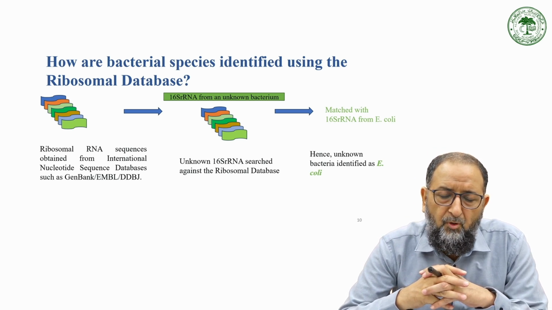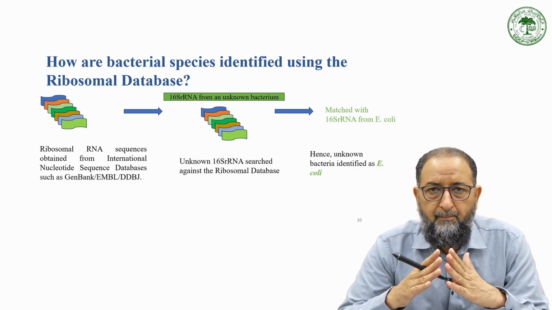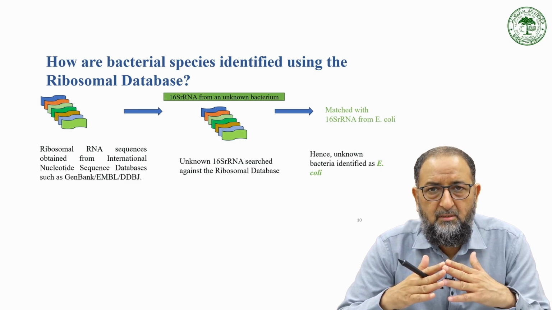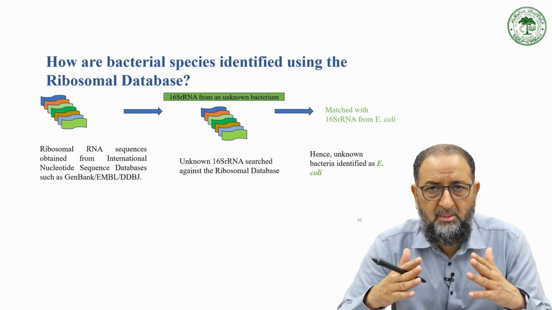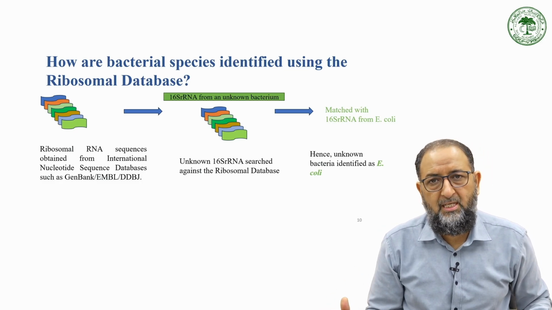Now, one thing I would like to explain about this database is that the better and more comprehensive the database is, with the availability of all possible sequences, the more you can use different tools to analyze it.